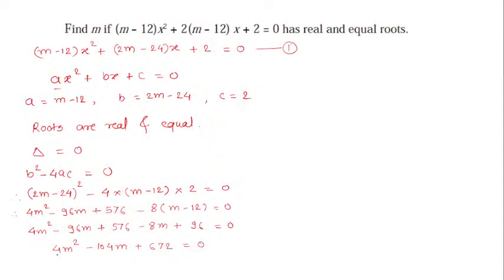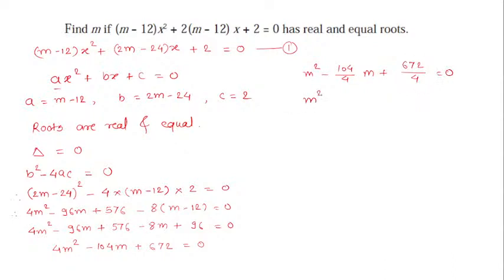So all these coefficients 4, 104 and 672 can be divided by 4. So if we divide throughout by 4, 4m square divided by 4, the 4 will get cancelled to have m square, minus 104 divided by 4 into m, plus 672 divided by 4 is equal to 0.